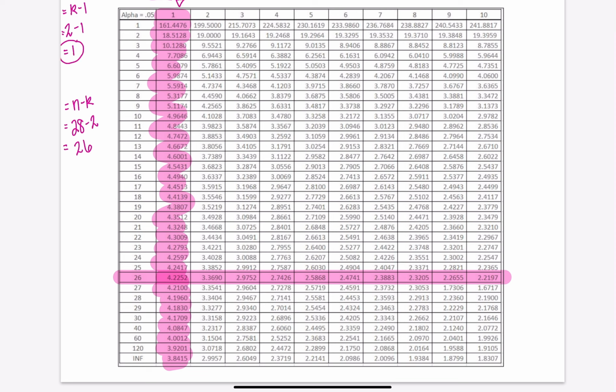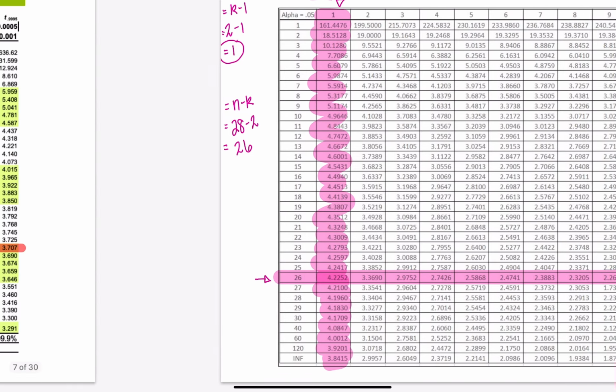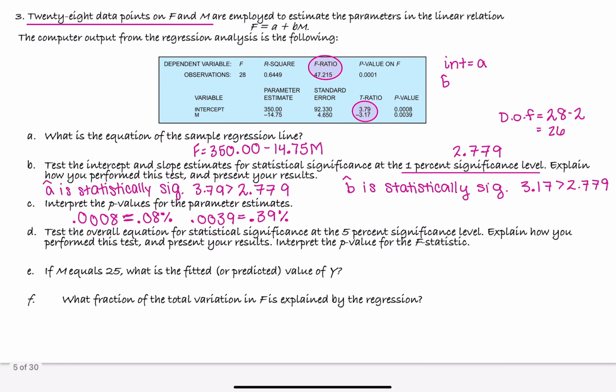And then we have n minus k, which is the same thing that we did for our t-test, which gave us 26, which is over here. So we get that our F table value is 4.225, which is less than our F ratio up here of 47.215.